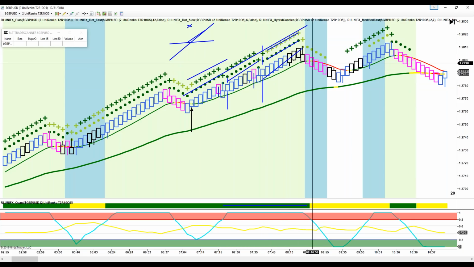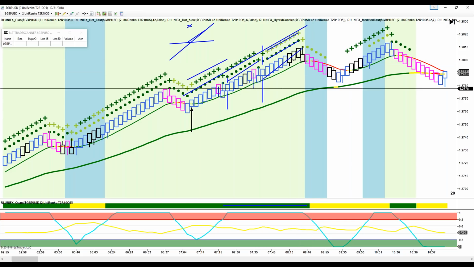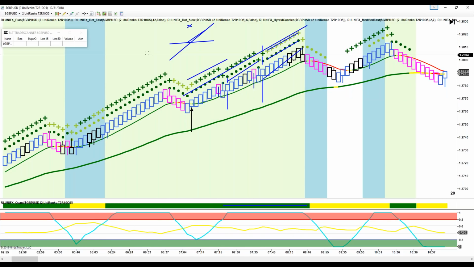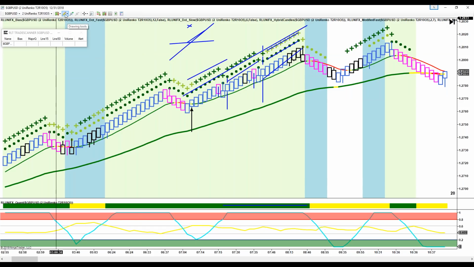So this is just a complex analysis of correlative markets done in multiple ways to make sure that you leverage to the greatest extent you can the Forex markets that are most closely linked to the Forex market that you're trading.